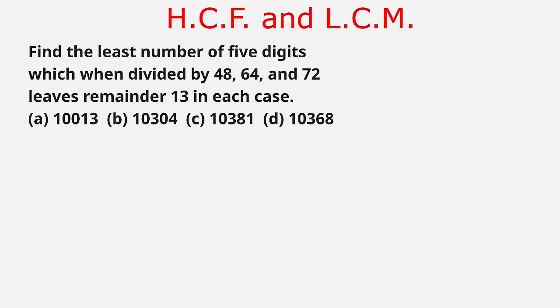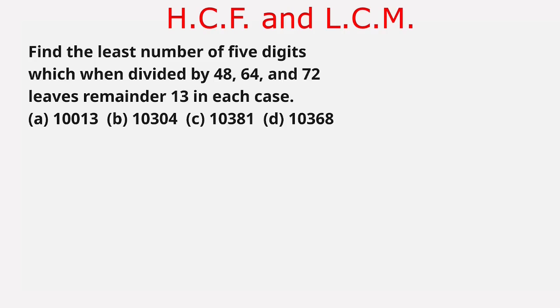Now we will add 13 to it. That will be our answer, because if we add 13, then on dividing by these numbers we will be getting the remainder 13. We can also solve it from given options.